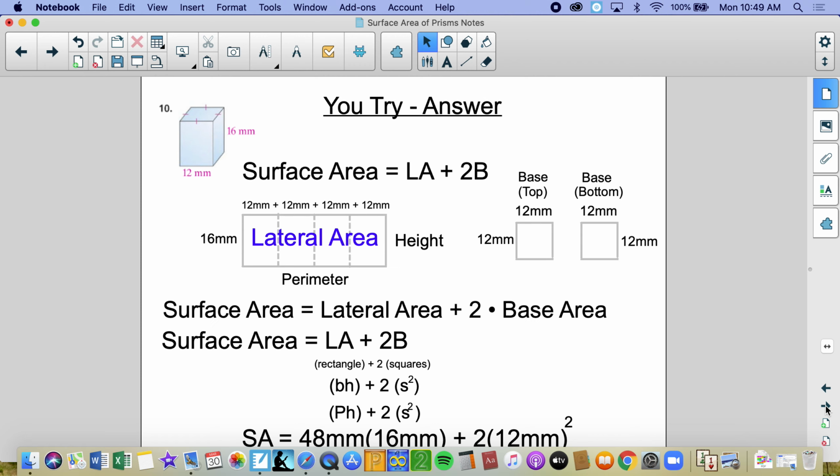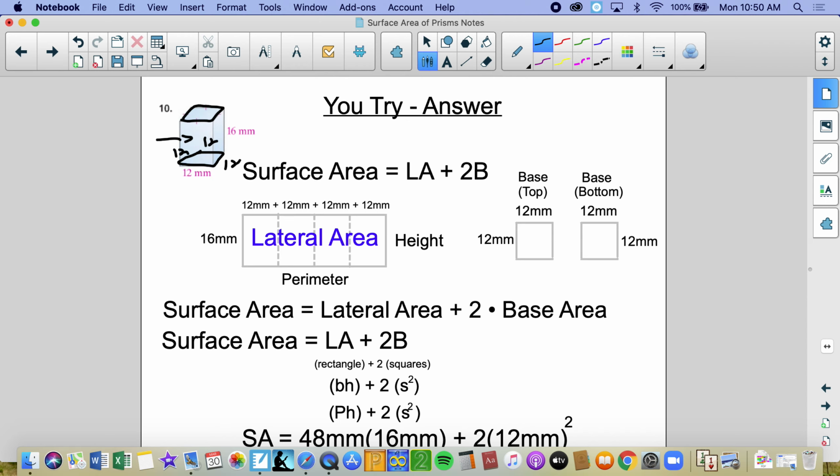Okay, so in this example, we have two squares as their bases. This is what I'm going to call the base, and I'm going to call this the base also. So those are my two bases. So my lateral area will be this component of it. So my lateral area, if I opened it up into a net, it would be 12 millimeters plus 12 millimeters plus 12 millimeters plus 12 millimeters.